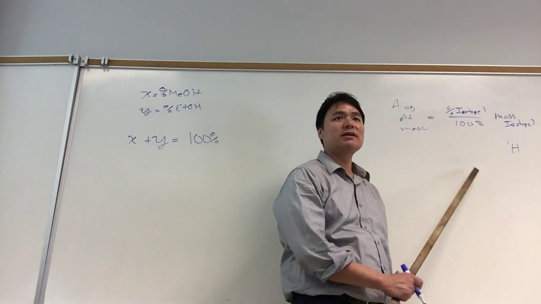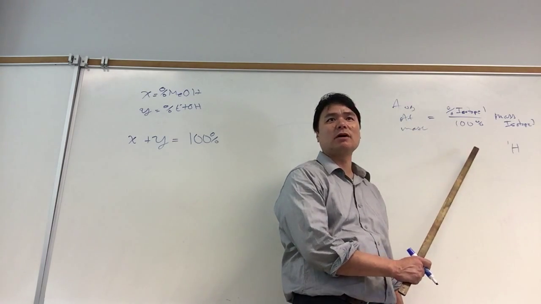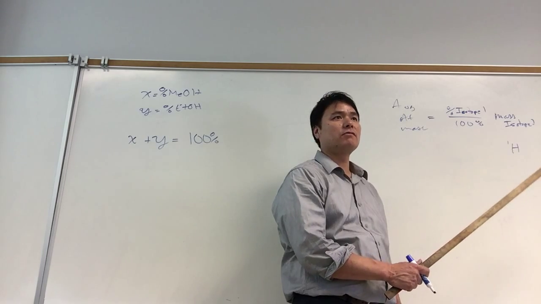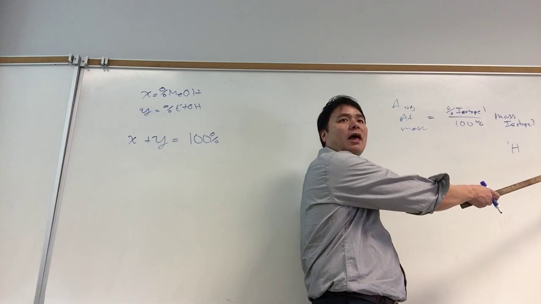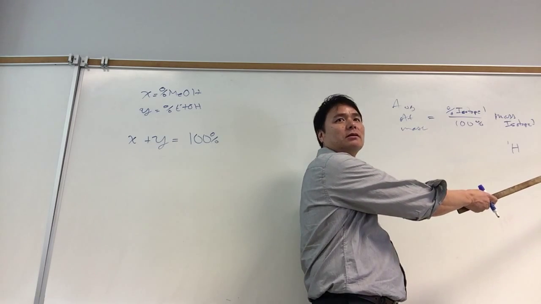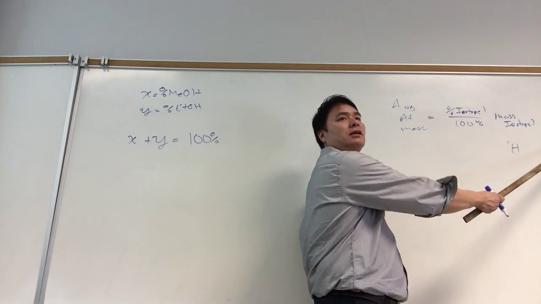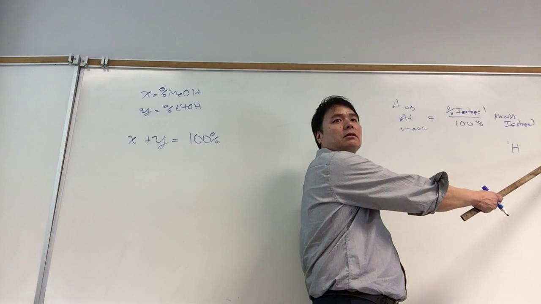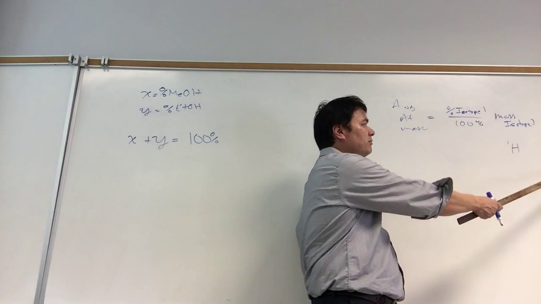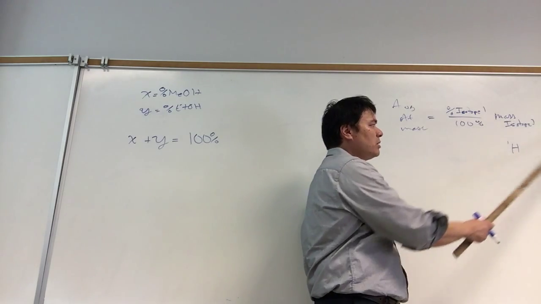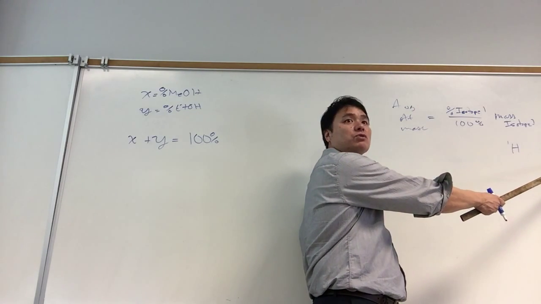I'm not going to graph this. I could graph this like we did the last problem, but you didn't graph it in Chem 4. If you had 100% H2, what would the average mass be? 2. If you had 50-50, what would the mass be? 1.5. If you had 25-75, 25 parts H1, 75 parts H2, do you know what the mass would be?